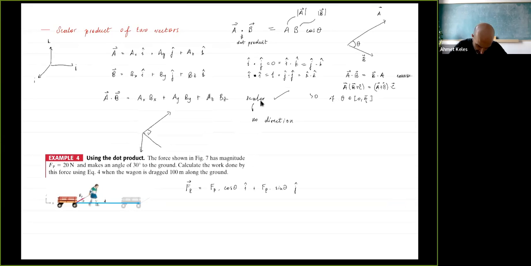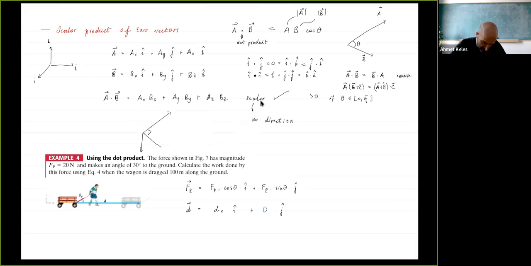We know how to decompose vectors very well now. And the displacement d is equal to dx times i hat, displacement along the x direction, plus dy times j hat, displacement along the y direction. Now I know there is no displacement along the y direction, so let me just put 0 here, because this thing is moving only along this direction.